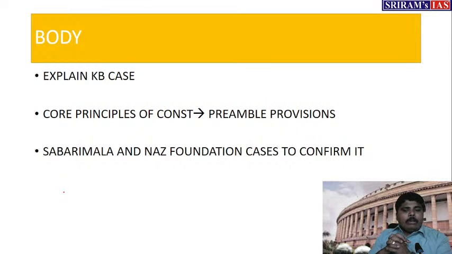Now, the Kesavananda Bharati case is one input where the Supreme Court has reasserted the values of constitutional morality. It has again reconfirmed the message that we stick to constitutional morality. Number two, there are some principles of the constitution, like I told you in the preamble: sovereign, socialist, secular, justice, liberty, equality, democracy, republic, fraternity.